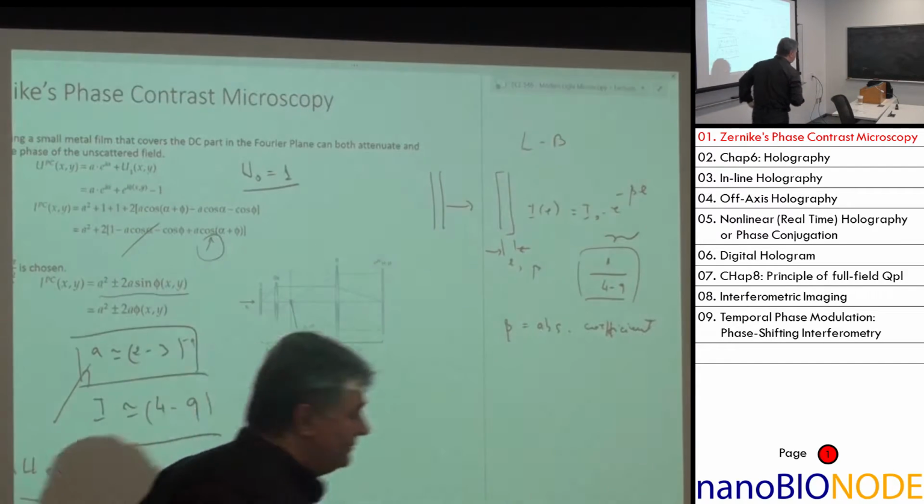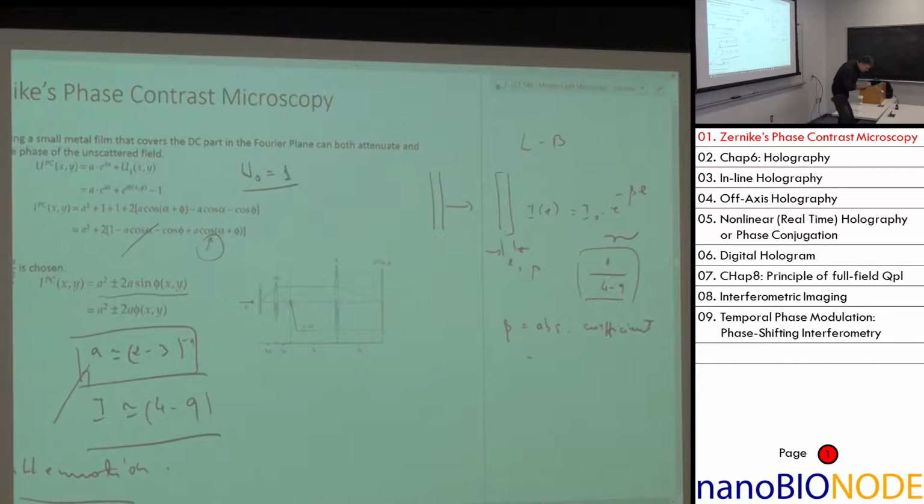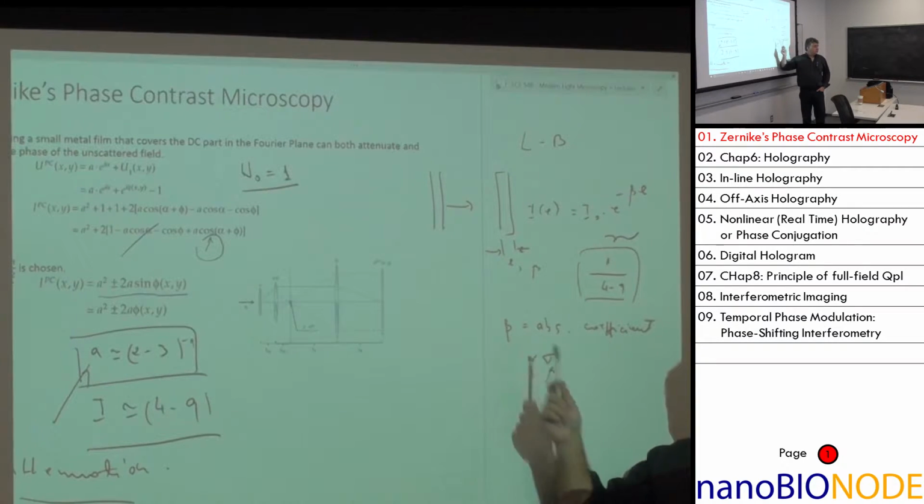Conductivity. Exactly, conductivity. So beta has sigma in it. The bigger the conductivity, the bigger the absorption.